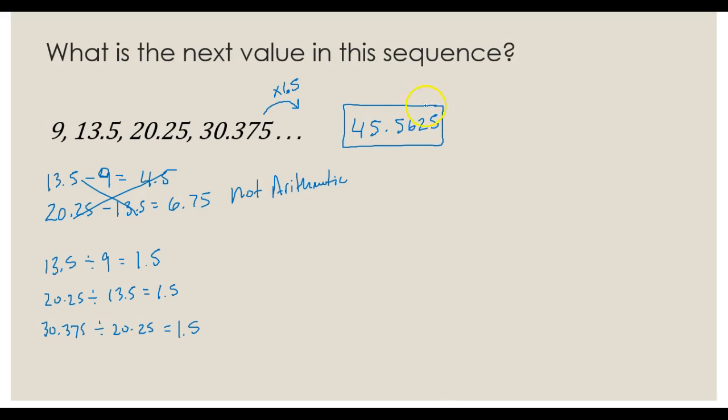Because I'm multiplying by 1.5 each time, I'm getting a half, and then a half times a half is a quarter, and a half times a quarter is an eighth, and it keeps getting a smaller and smaller fraction as part of the answer, along with the 1.5 of the whole number. So the actual number gets bigger and bigger, but the decimal gets smaller and smaller, so that's a little awkward.